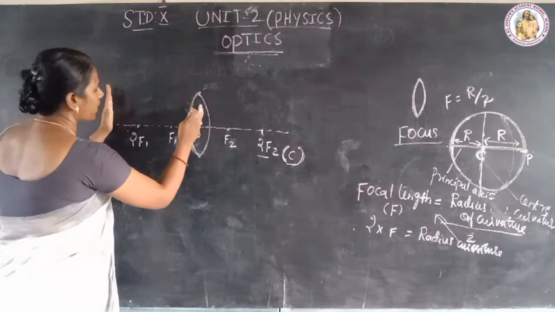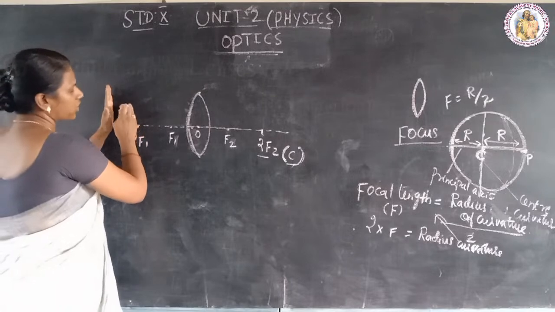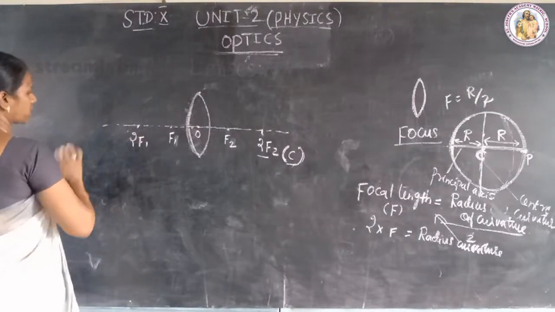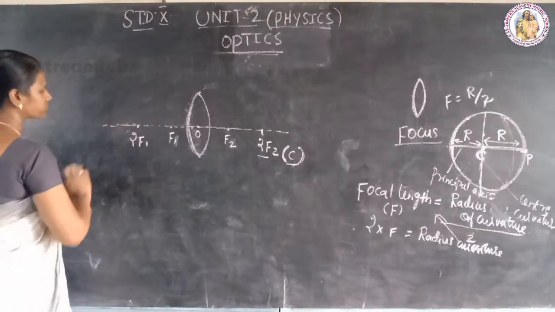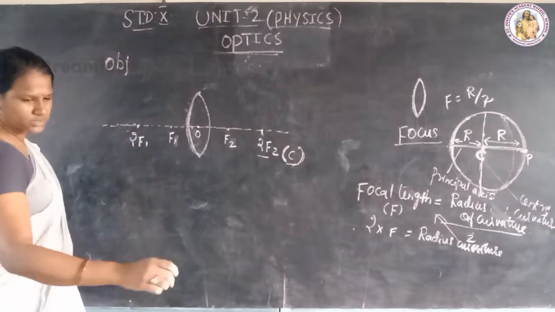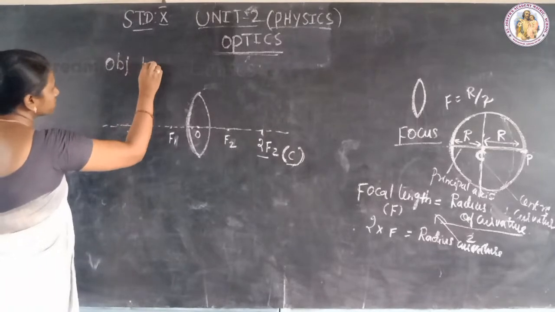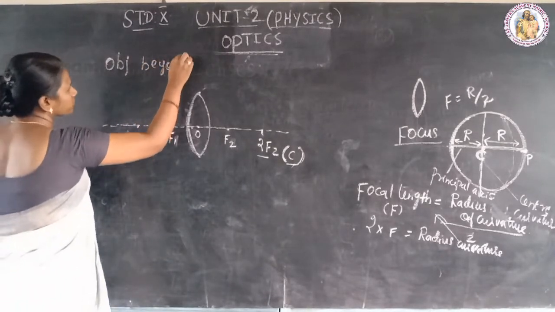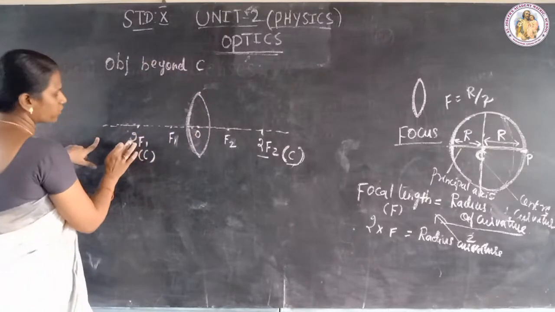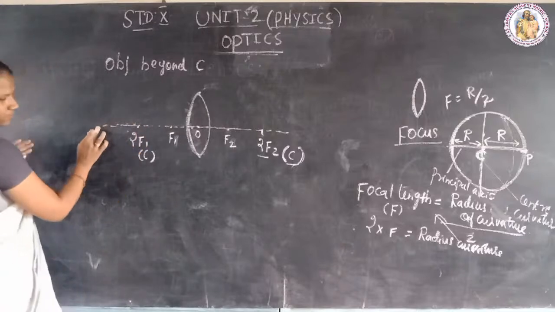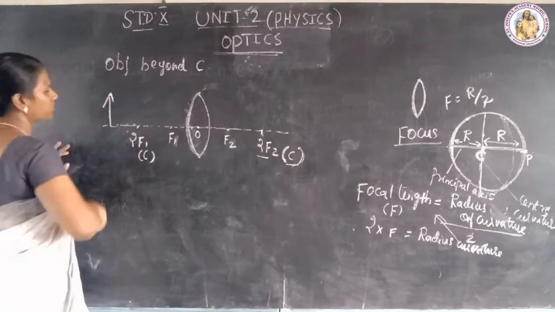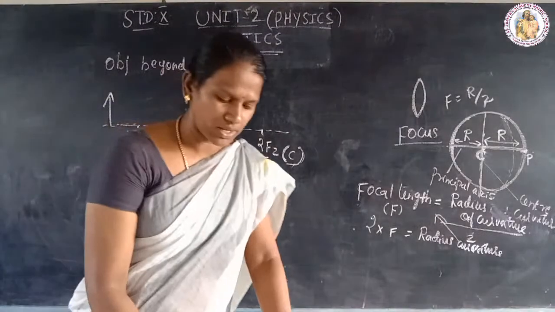After the rays from the object pass to the lens, they get refracted. This time the object is placed beyond C. Beyond C means beyond 2F or C. So what happens this time when I keep the object beyond C?